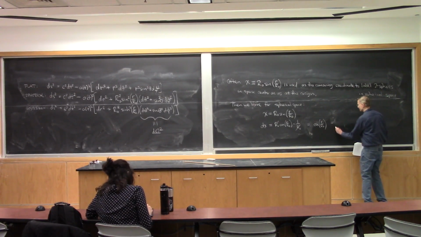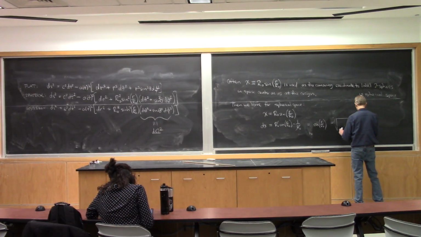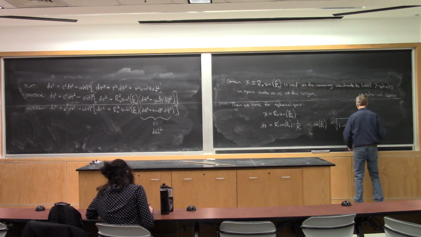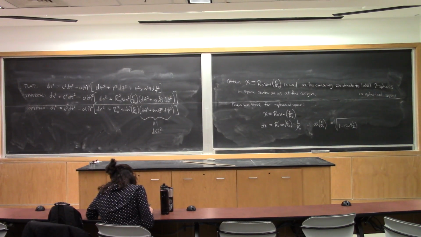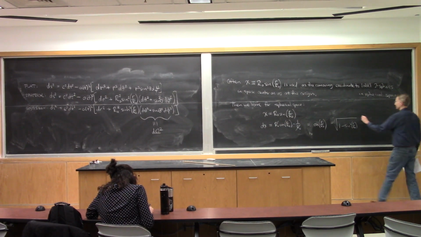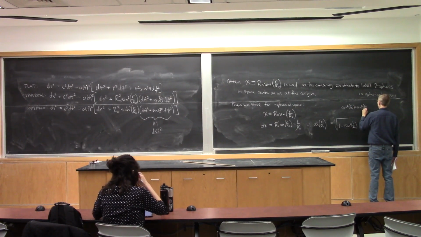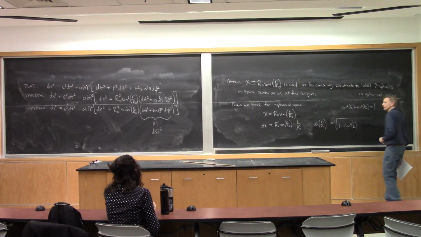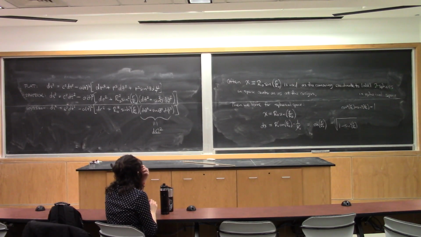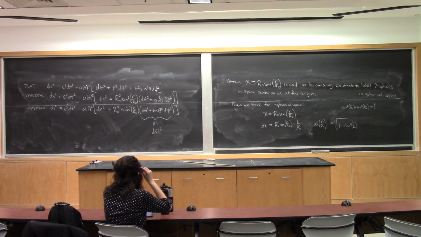So I can say that this is the square root of 1 minus sine squared of r over r naught, using the fact that cosine squared r over r naught plus sine squared r over r naught is 1, because cosine squared of something plus sine squared of that something is always adding up to 1.